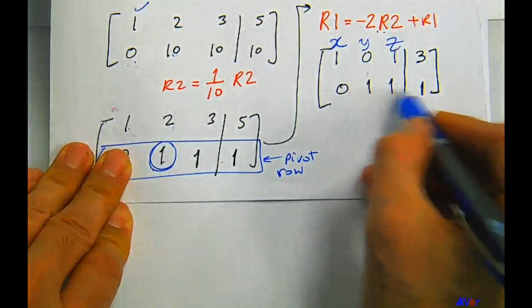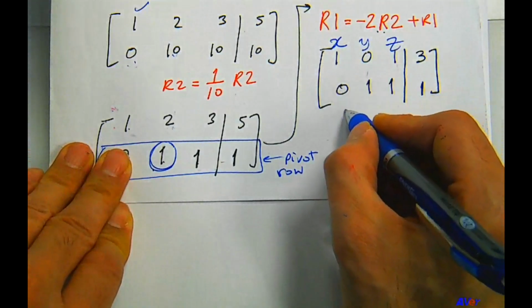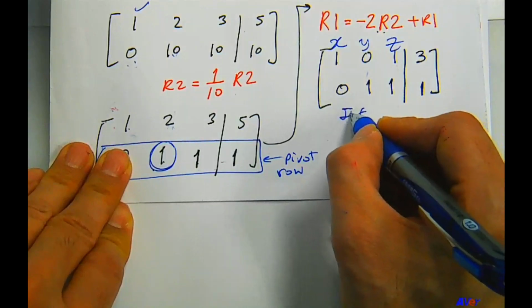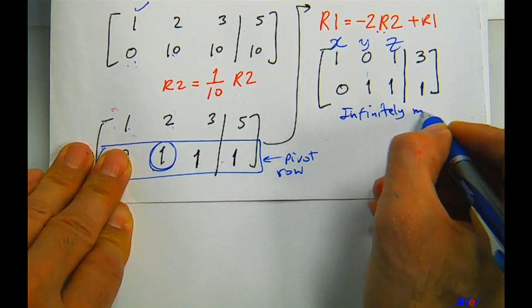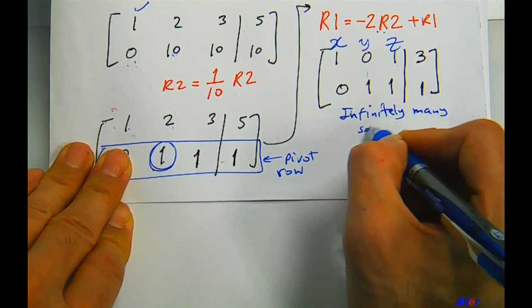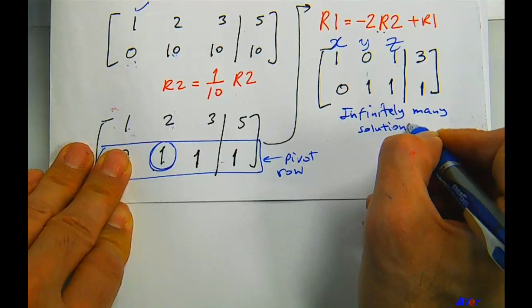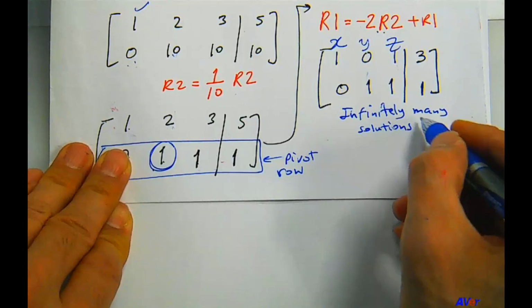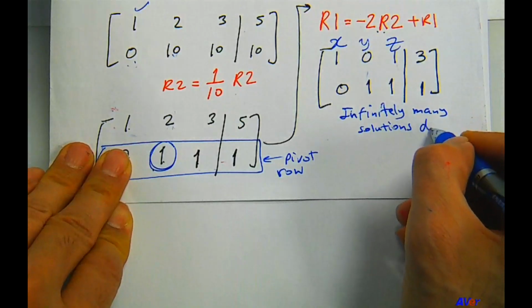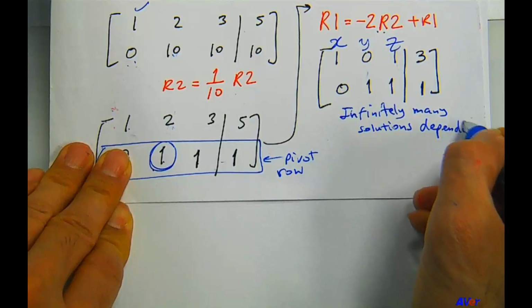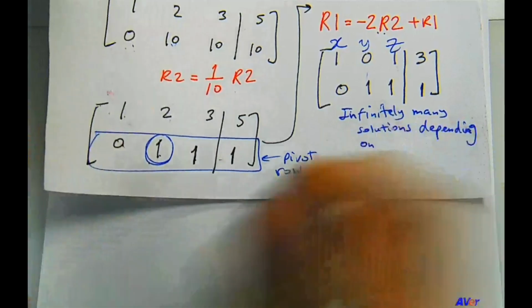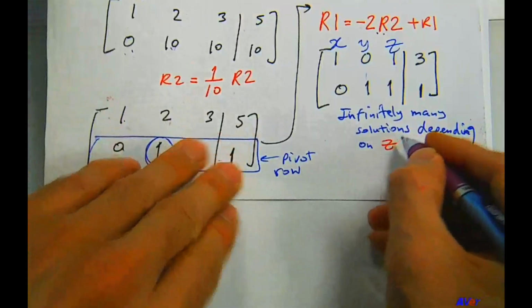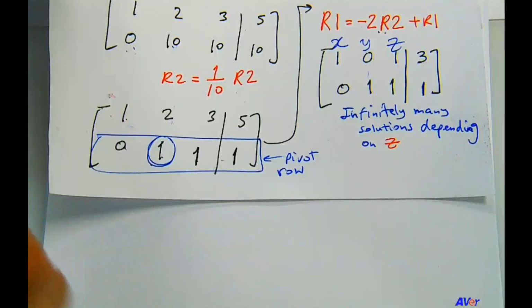So we start from the bottom. We have infinitely many solutions depending on the value of z. Let's write down the solutions.